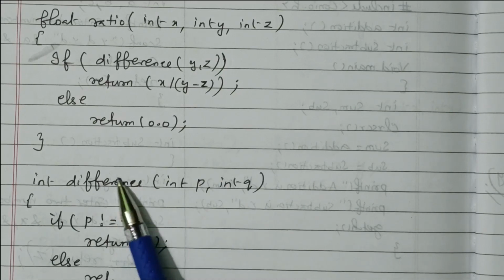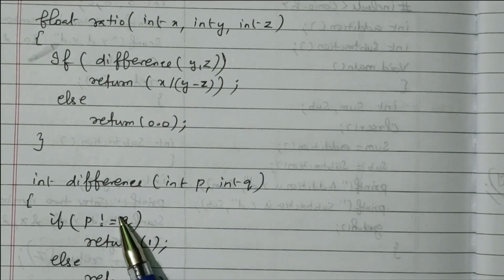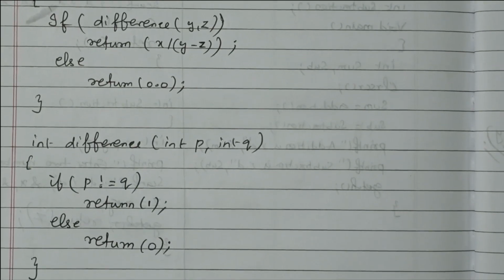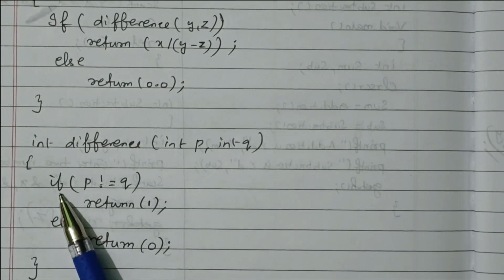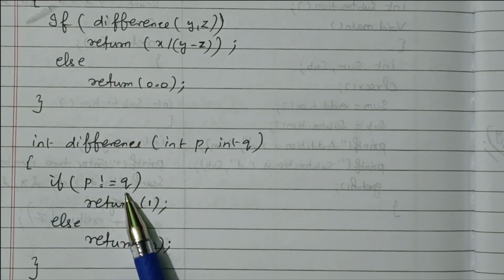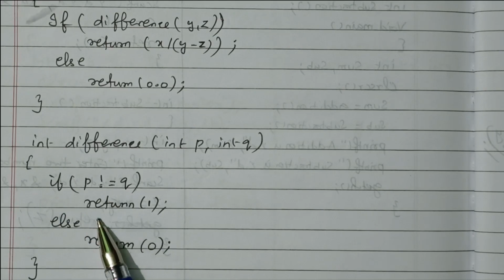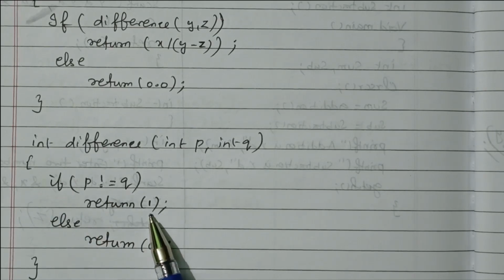So what is the function of this function? What is the aim of this function? We need to find whether both are equal or both are different. That we need to check. So here again we are calling one more if, p is not equal to q. If both are different, we will not get 0. So at that time we return 1. Where will it go?